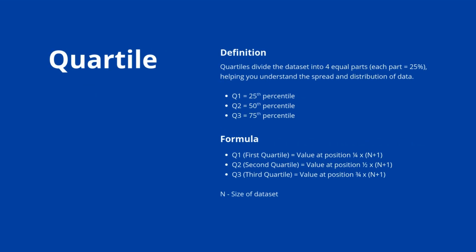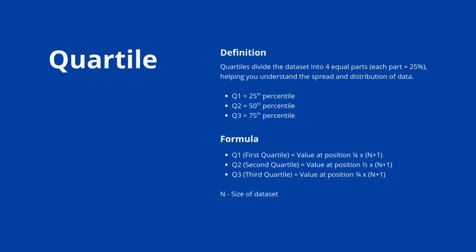Quartiles. Quartiles are essentially percentiles in a new outfit. They divide data into 4 equal parts, helping you see where values tend to bunch up or spread out. Here is a breakdown. Q1 is the 25th percentile, meaning one quarter of your data falls below this point. Q2 is the median, the 50th percentile, right smack in the middle.